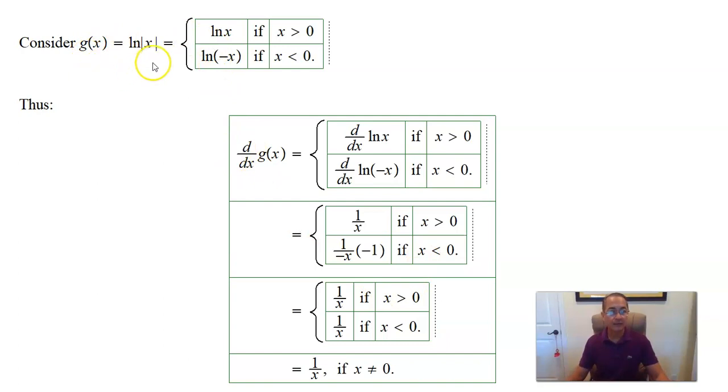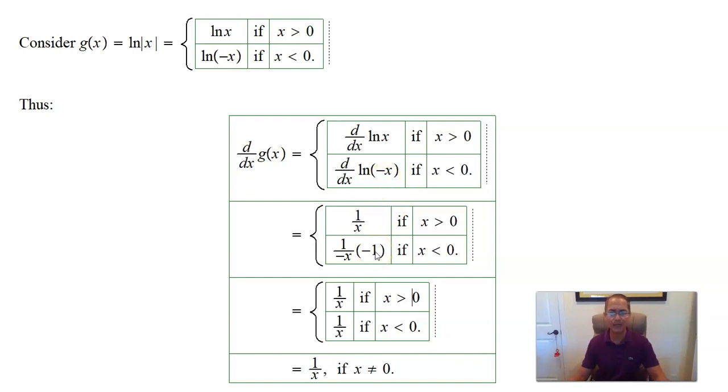So what is the derivative of this composition? Well, we can do it piece by piece. We want the derivative of ln of x or the derivative of ln of minus x. This should look familiar. The derivative of ln of x we know is directly 1 over x if x is positive. But if we have a minus here, we need the chain rule. So we have 1 over minus x multiplied by the derivative of minus x, which is minus 1.